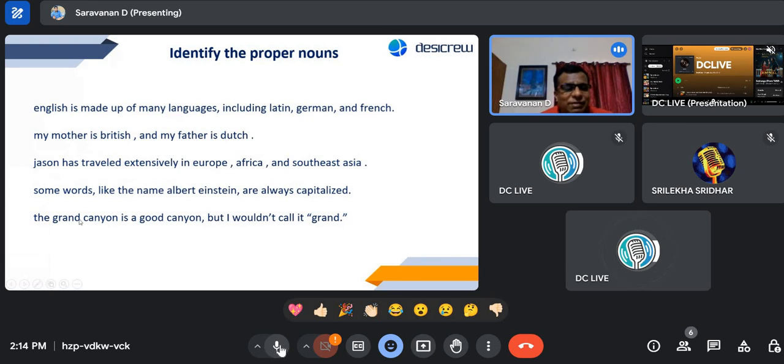So after this program, you search what Grand Canyon is and where it is. This is how our knowledge will also improve, right? So you said, of course, G and C both will be capitalized. But "good canyon" will not be capitalized because we are talking about any canyon. Canyon is like a river, or like we saw with language, or continent, right? So it will not be capitalized.